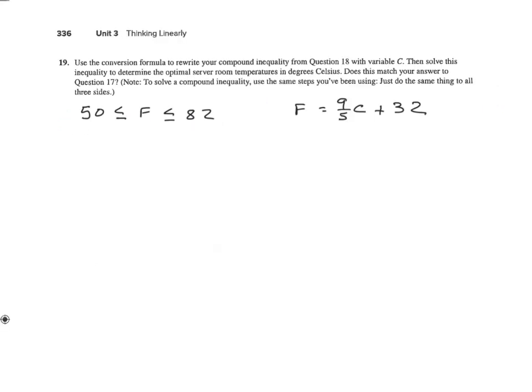Okay, number 19 says use the conversion formula to rewrite your compound inequality from question 18 with variable C. All right, well, let's do that first. We are going to substitute this entire expression in for F right here. So let's do that right now.